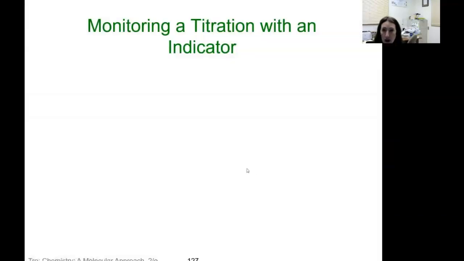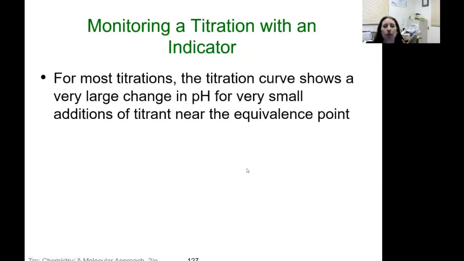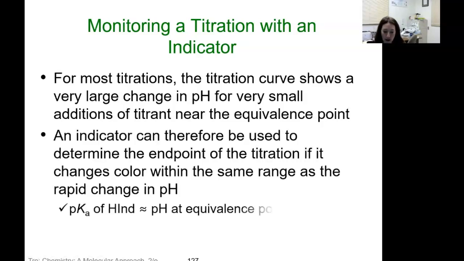And so most of our indicators show different changes in their pH depending on where the endpoint is. So we always choose our indicator depending on where we think our endpoint should be. How we do that is if you look at your pKa, it should be about when they're equal to each other.